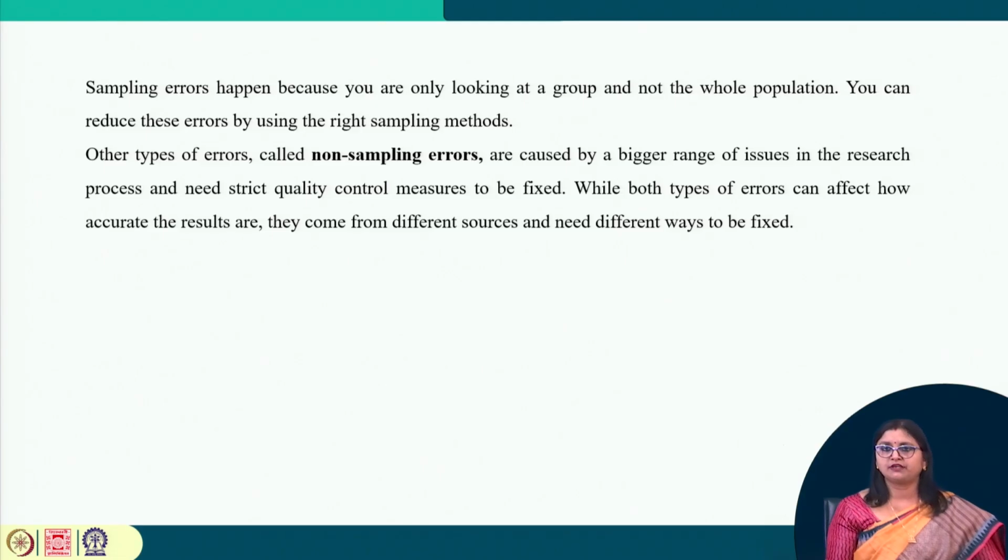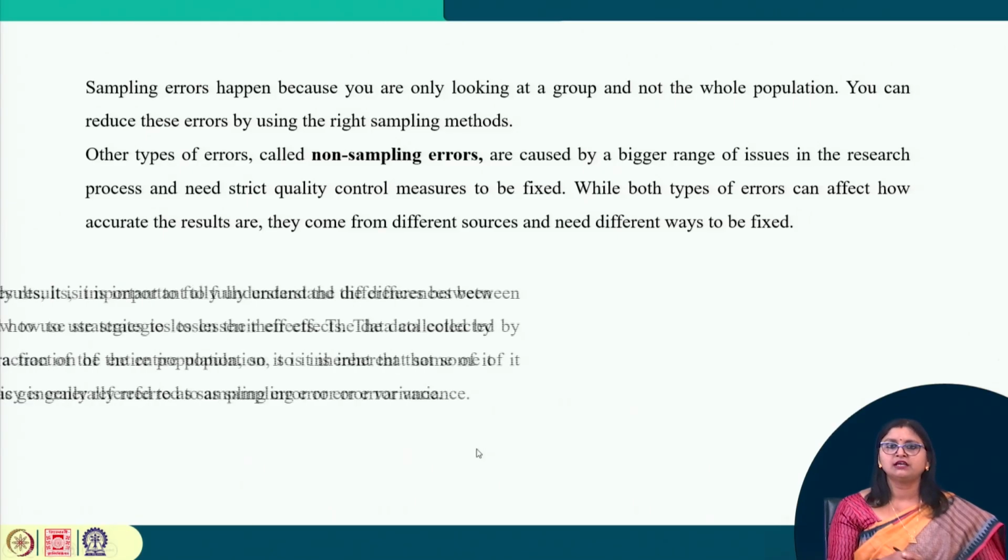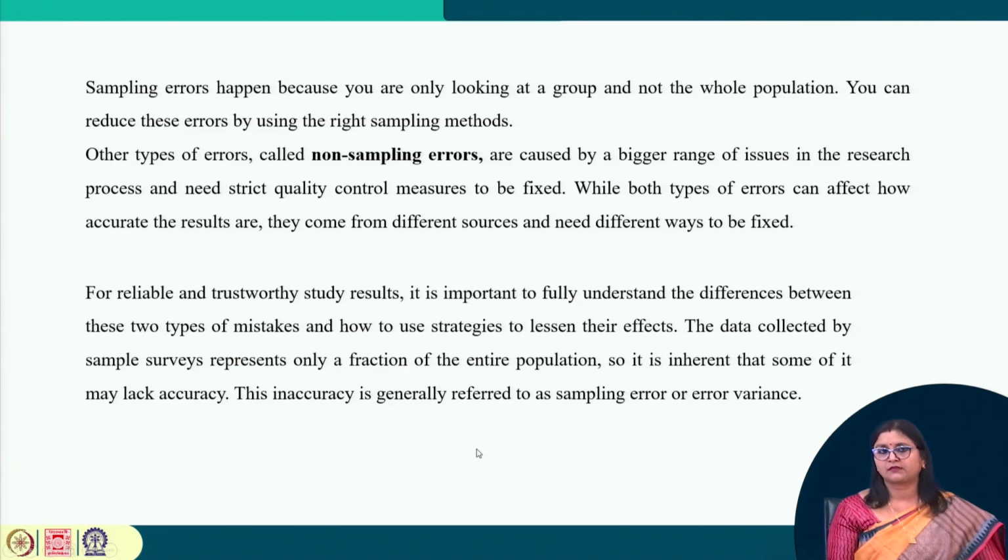While both types of errors can affect how accurate the results are, they come from different sources and need different ways to be fixed. For reliable and trustworthy study results, it is important to fully understand the difference between those two types of mistakes and how to use strategies to lessen their effect.